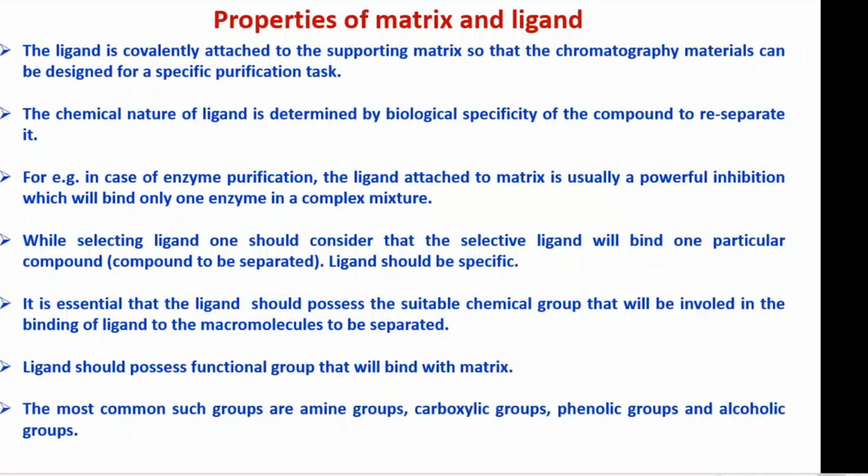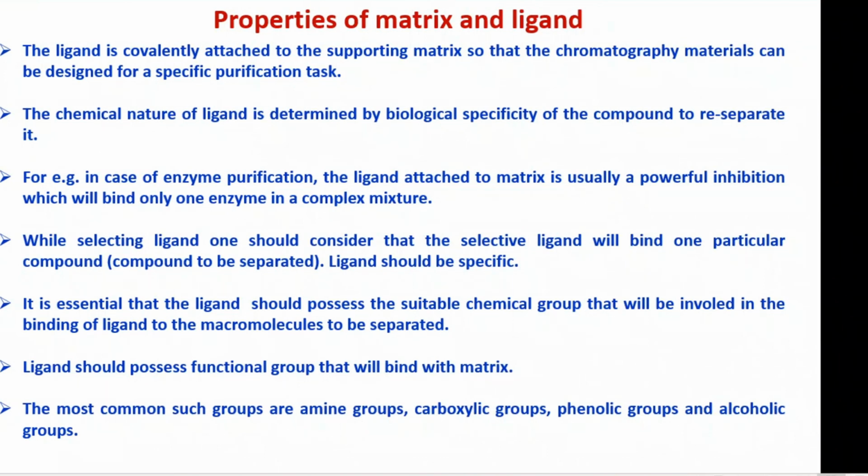So what are the different properties which we can see with the ligand and the matrix? What are the attributed characters for these two molecules? The ligand is covalently attached to the supporting matrix so that the chromatography materials can be designed for a specific purification.